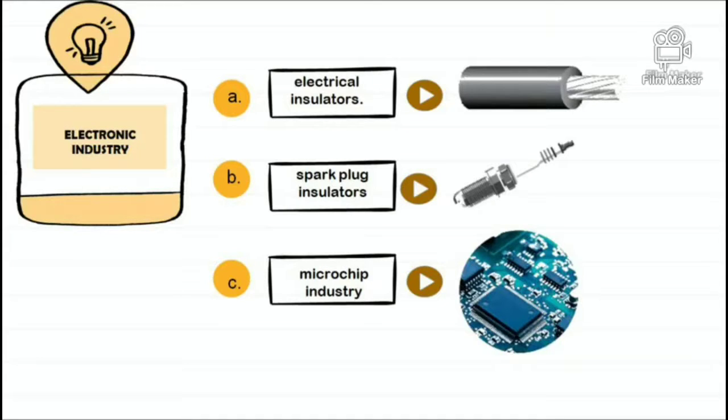At point B, you can see pictures of spark plug insulators that use aluminum oxide. If we observe point C, we can conclude that the microchip industry also uses aluminum oxide, as alumina films are vital components in the microchip industry.